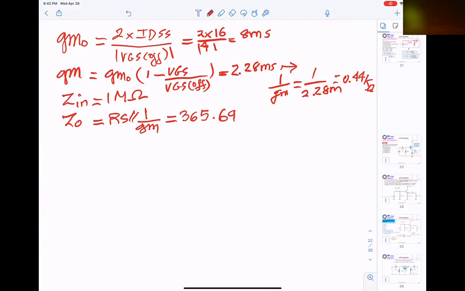Yes, sir. 1/gm, which is 1/2.28 milli, because that's the same as taking a reciprocal of 2.28 milli, is actually equal to 0.438. Now that you will go to the kilo, right? The thing is the other one is milli. So if you want to make sure, you need to convert 2.28 milli.